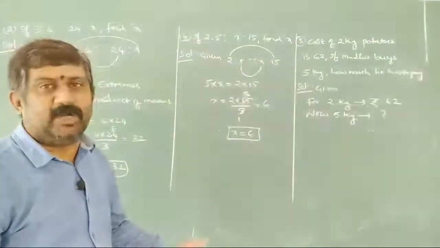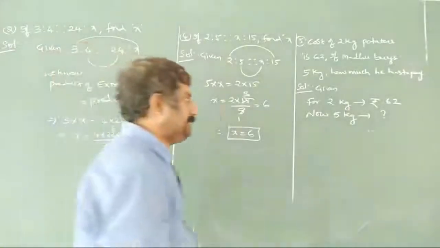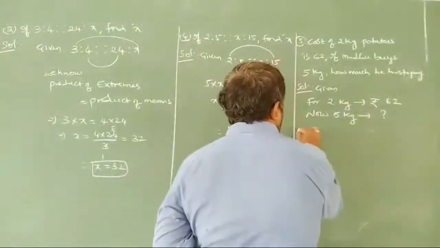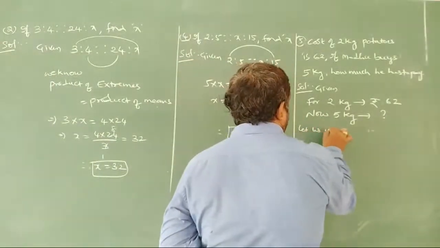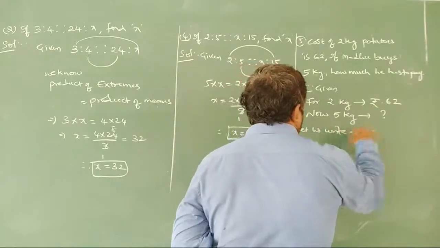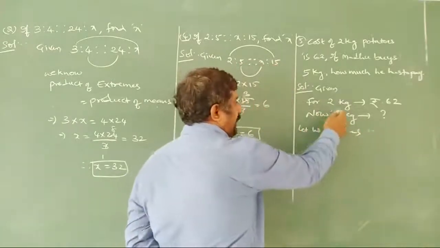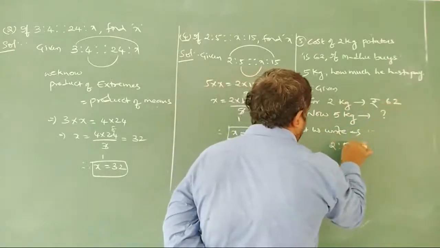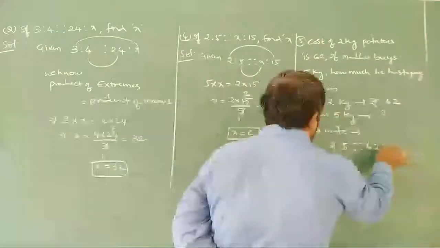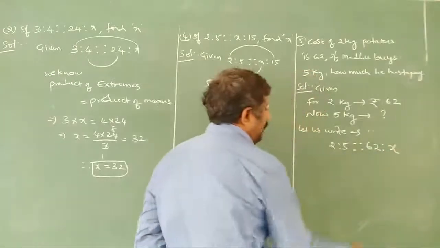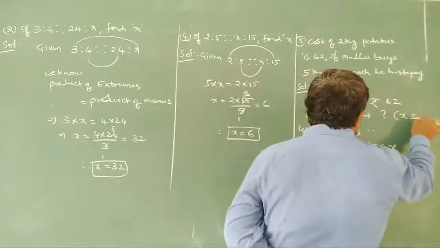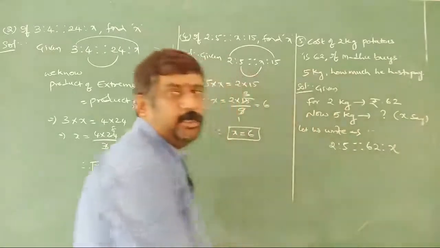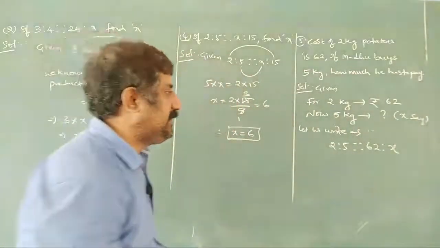For 5 kg, how much are you going to get here? Let us write: 2 kg, 5 kg, both are in the same unit, and 62 rupees. So 2:5 is proportionate to 62:x. Some x we are assuming here.